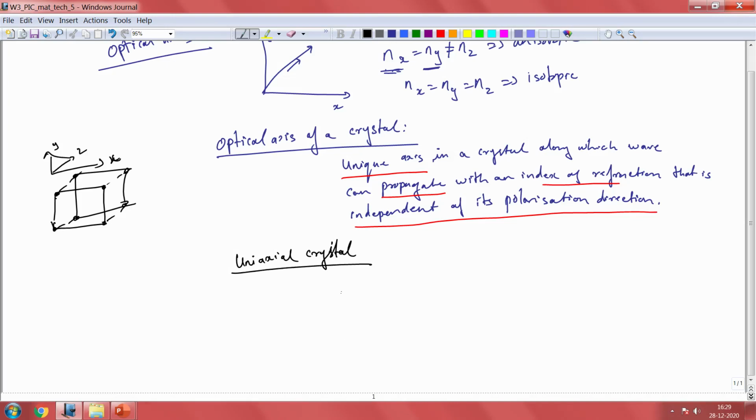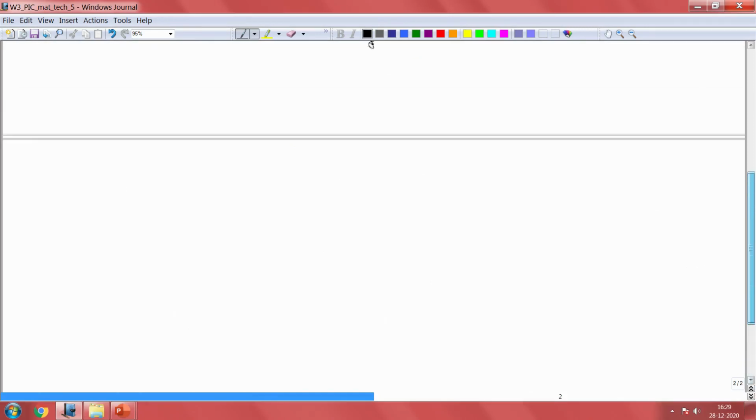You only have one distinct principal axis, or principal index, among three principal axes. It has only one distinctive principal axis. We call this a uniaxial crystal.